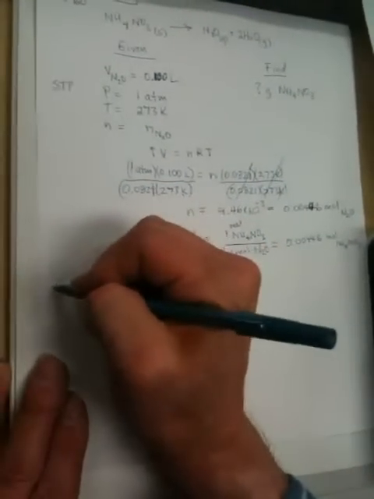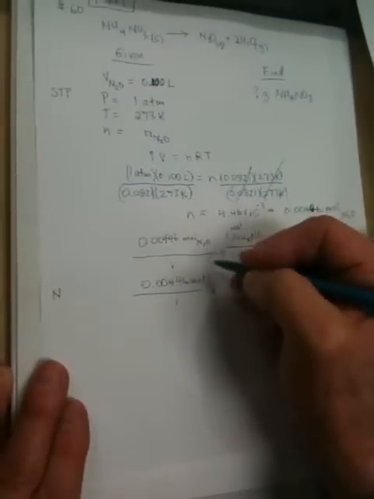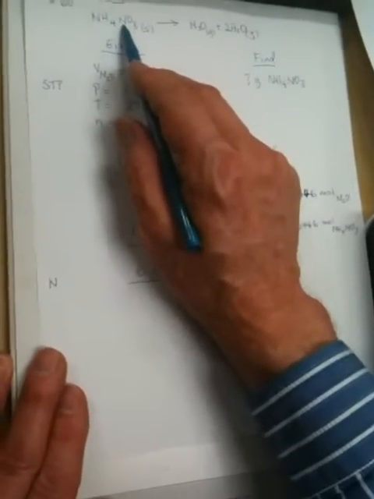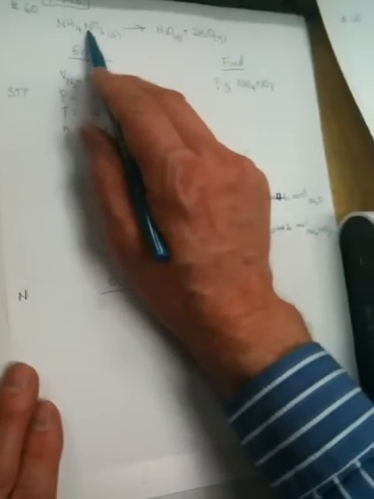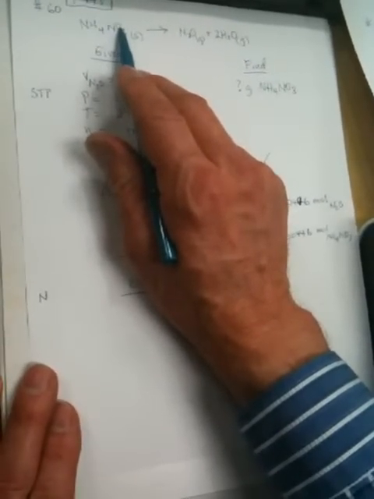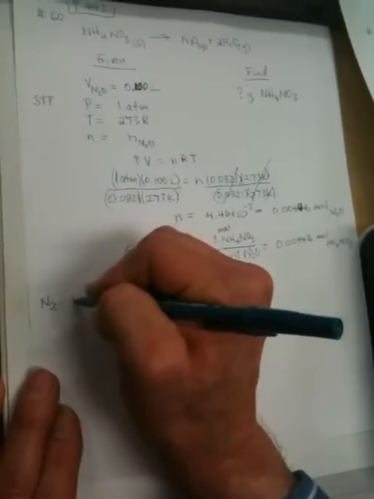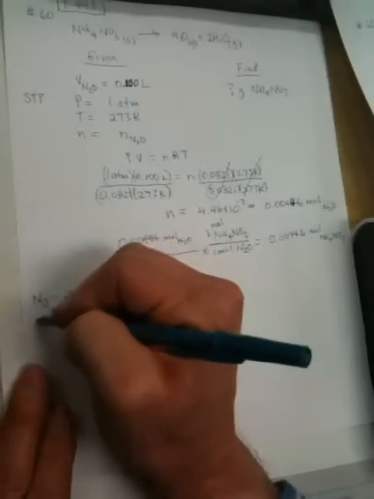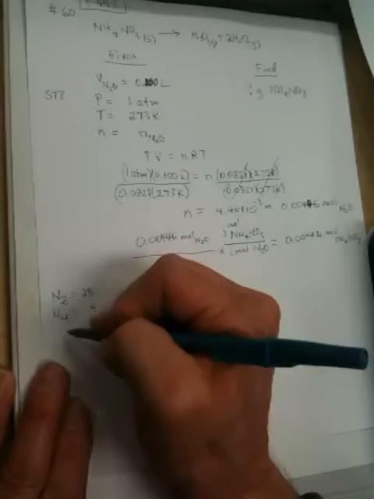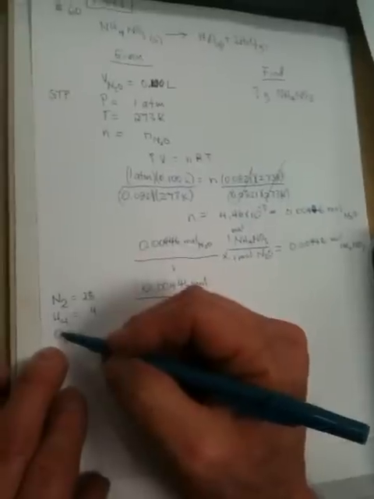When we work this out, we've got nitrogen in this formula. You can see there's 2 nitrogens, 4 hydrogens, and 3 oxygens. So 2 nitrogens is going to be 28 grams. We're figuring molar mass now. We got 4 hydrogens is equal to 4 grams, and 3 oxygens. And we get these off the periodic chart.